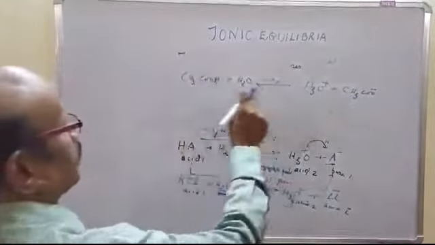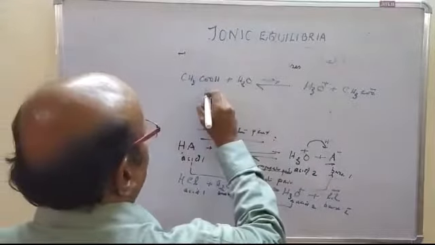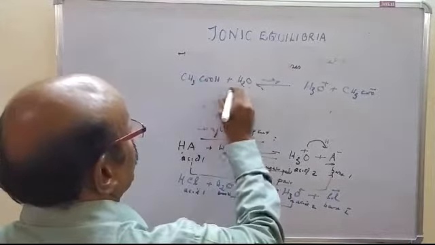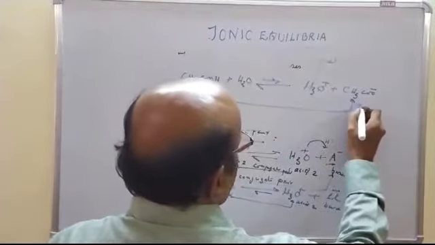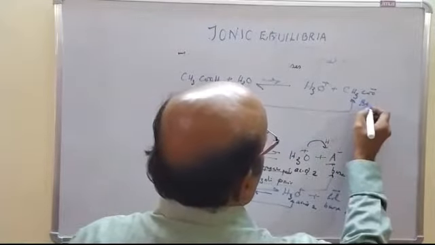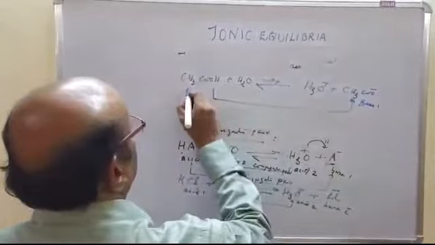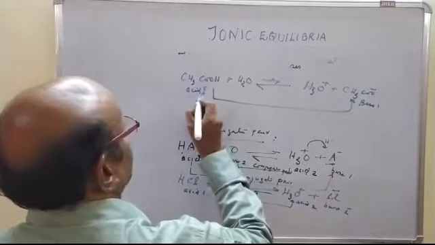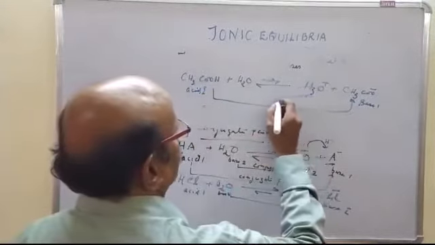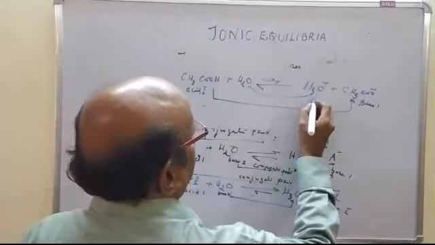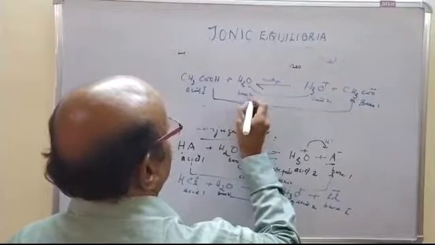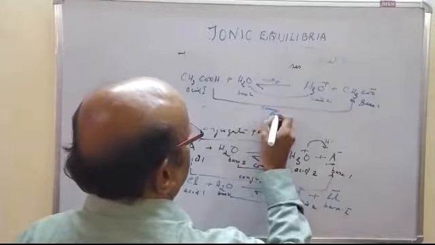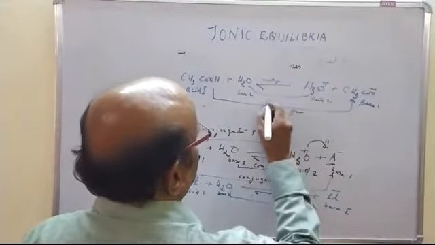Here, acetic acid, on losing a proton to H2O, gives an anion. This is the conjugate base, CH3COOH is acid 1, and the anion is base 1. Here is acid 2, base 2. This is a conjugate pair.